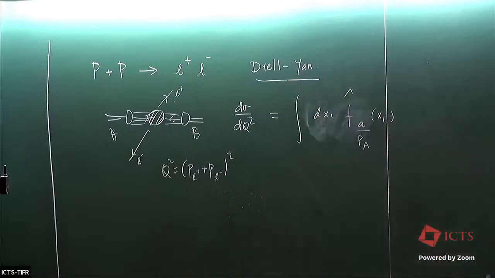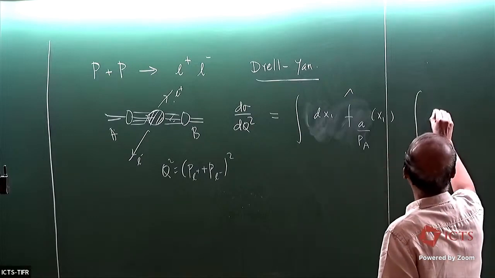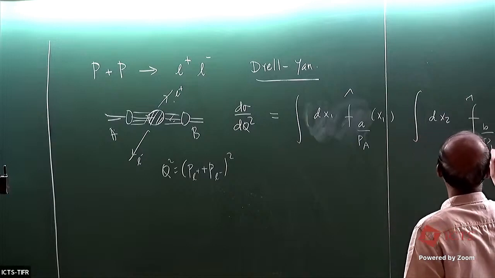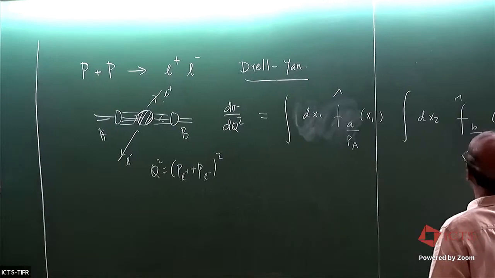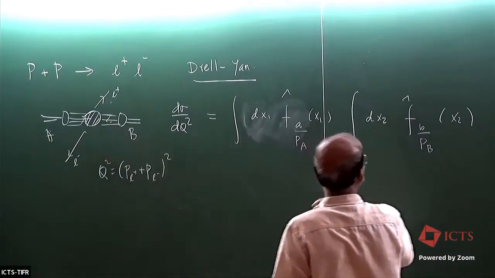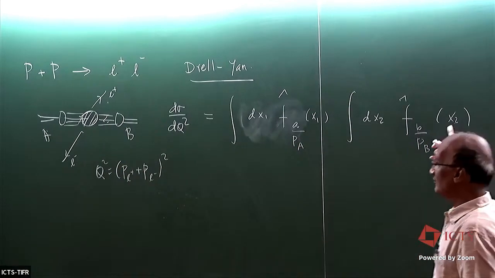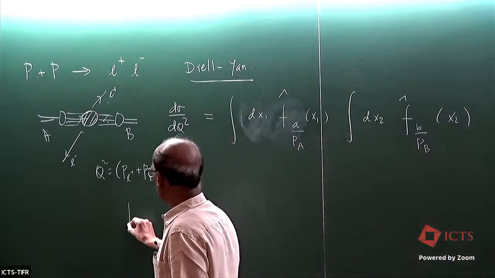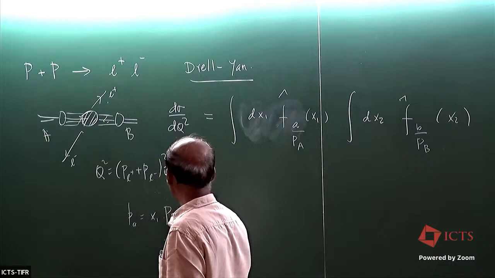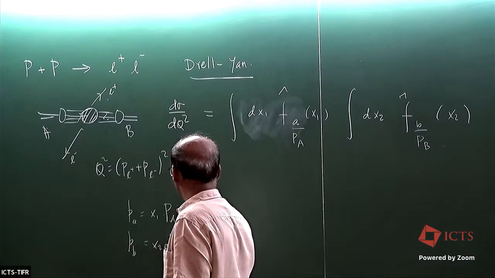This is coming from proton type A. And then you have integral dx2 f_b(x2), which corresponds to a parton of type b with a momentum fraction x2 of proton B. So parton a's momentum is x1 times capital P_A, and parton b's momentum is x2 times P_B.